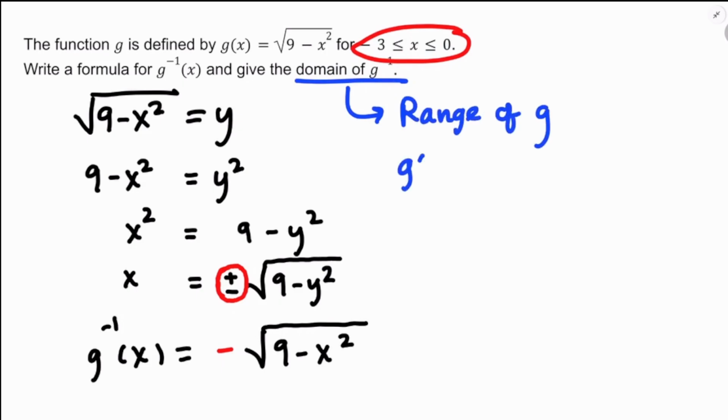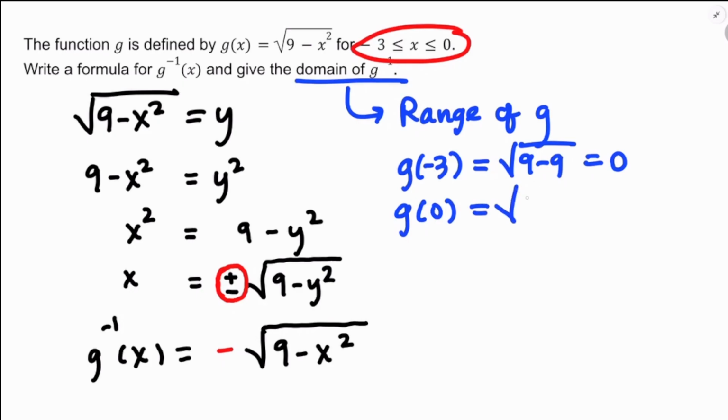All right. g of negative 3 at the starting value is equal to the square root of 9 minus 9. Okay, and that's going to equal 0. And then g of 0 is going to equal the square root of 9 minus 0, and that's going to equal 3. Okay, so it went from 0 to 3, and if g is an invertible function that we're actually going to solve for an inverse in AP Pre-Cal, it's going to be just strictly increasing.